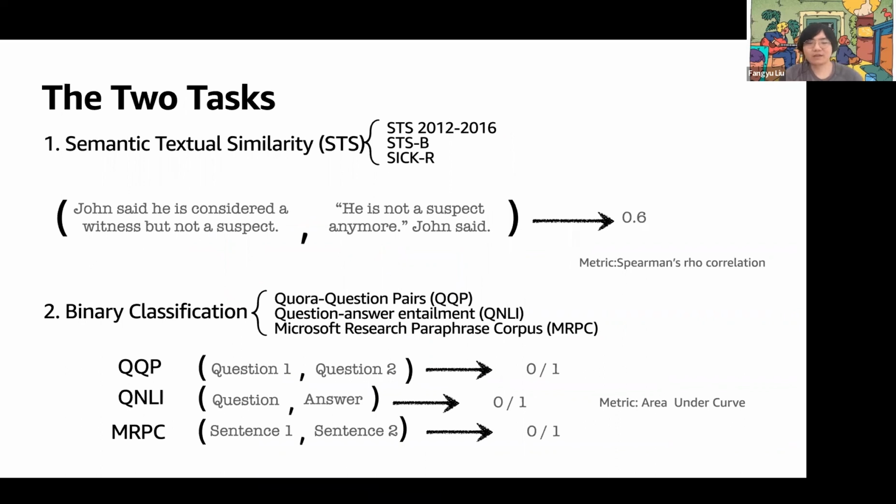And we also experimented with a set of binary classification tasks: question deduplication, and question answer entailment, where the model needs to judge whether the answer actually answered the question. The third task is MRPC, which is the Microsoft Research Paraphrase Corpus. Given sentence one and sentence two, the model needs to judge whether the two sentences are paraphrases of each other.